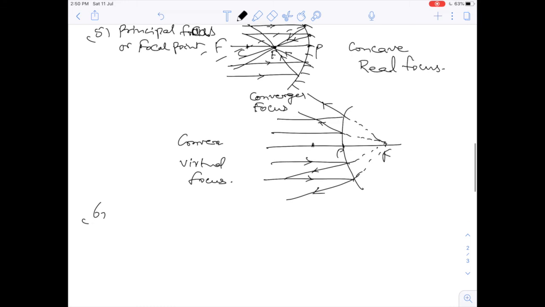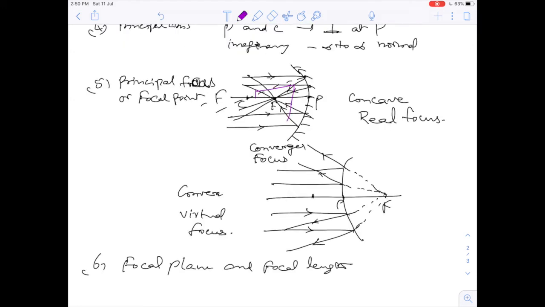Then focal plane and focal length. A plane through this principal focus is called the focal plane.